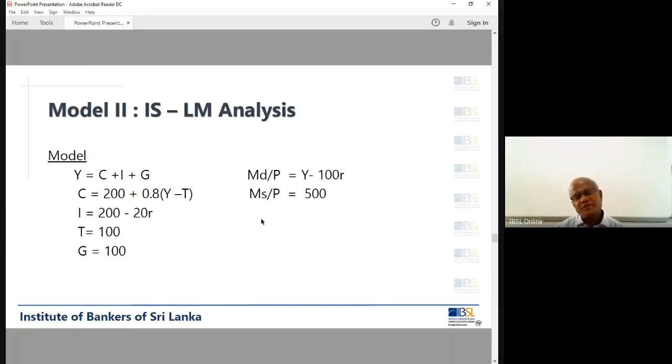Then the government expenditure, as in the earlier example, you assume 100, right? Then the demand for money, Y minus 100R. We know that there's a negative relationship between demand for money and interest rate. There's a positive relationship between demand for money and income.